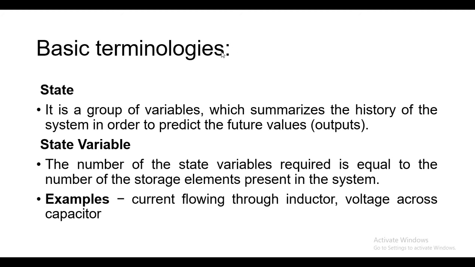So again I am repeating, it is a group of variables which summarizes the history of the system in order to predict the future values or outputs. When we take examples based upon that, you will understand what we mean by state. Don't worry, just see these terminologies; while solving the examples, you will understand correctly what state means.